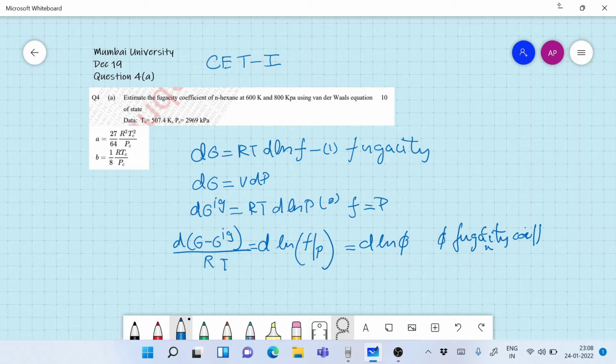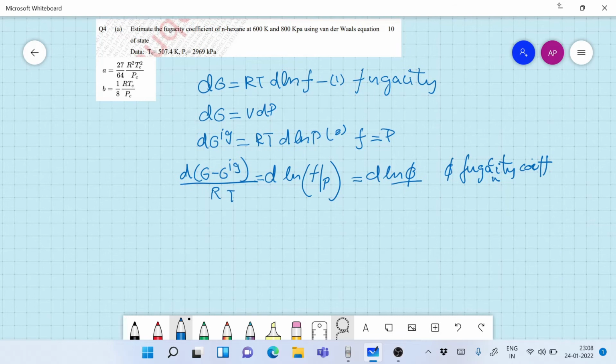Now, we need to understand here what we are interested in is calculating the fugacity coefficient. So what we have now is d ln of phi is equal to 1 over RT and dg minus dg ideal gas.